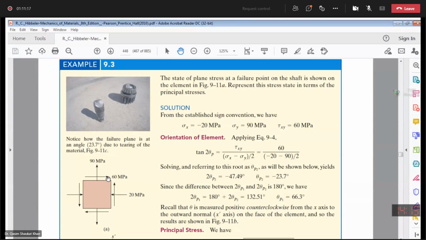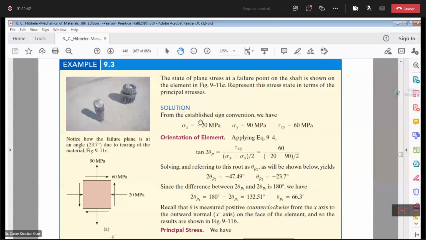Only thing to be noted here, the shear stress is positive 60 megapascals because the vertical component of the shear stress is pointing upwards, so it is positive. Sigma y is 90 and it is positive as it is pointing towards positive y axis. Sigma x is negative as it is pointing towards negative x-axis. So we have minus 20 megapascals.